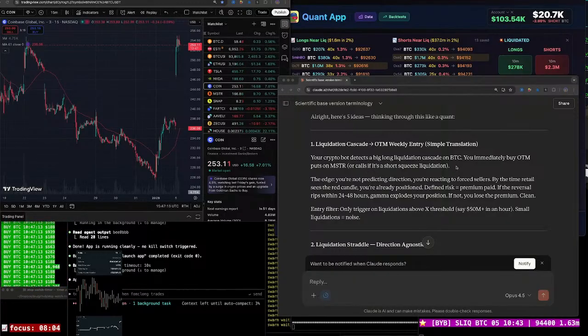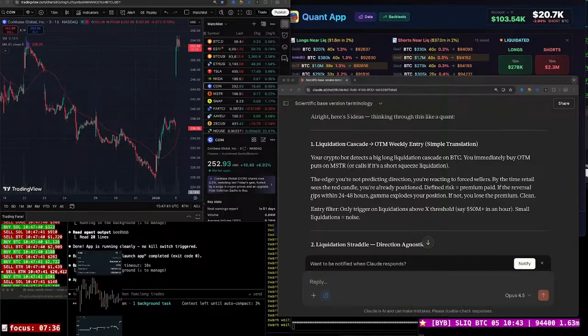Interesting. Okay, so this is the exact opposite of what I was thinking, and the exact opposite of how I've been trading it. But that's the beautiful thing about trading. You can literally take a buy or a sell, go short or long, whatever, dude. The edge: you're not predicting direction, you're reacting to forced sellers.